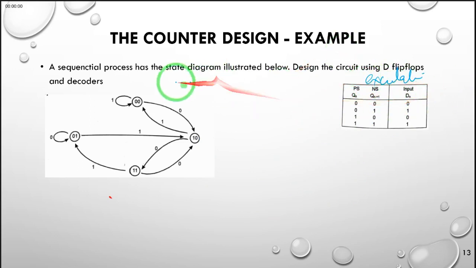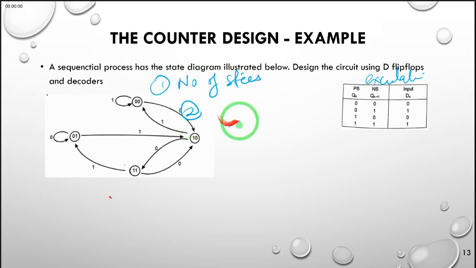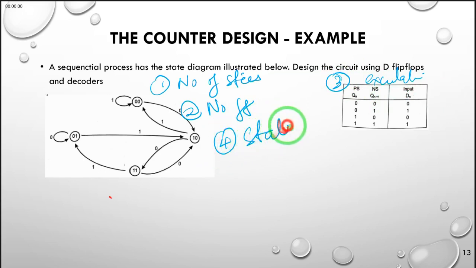Once we have the excitation table, recall that step 1 was to determine the number of states, step 2 was to determine the number of flip-flops, and step 3 was to develop the excitation table. Step 4 will be to generate the state table of our sequential circuit. The state table simply asks, how are we transitioning from the present state to the next state, and what are the required inputs?